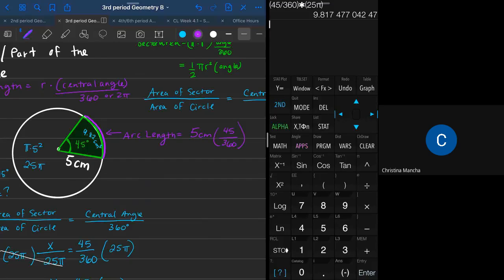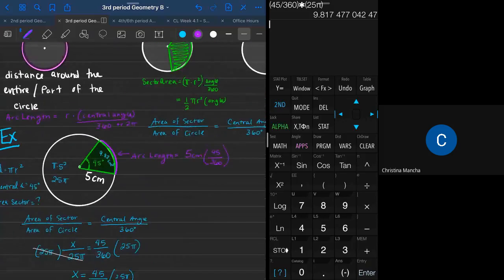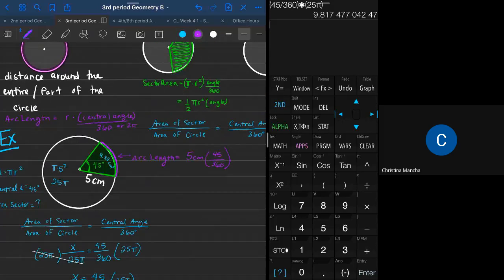And it will be, remember that the full circle is 2 times pi. So we'll have 2 pi times radius.